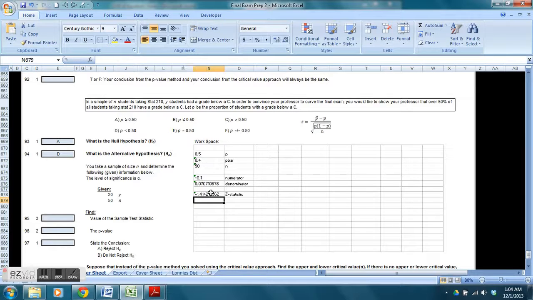We can round this to 2 decimal places, and so Z is 1.41, and our alternative hypothesis is D, that P is less than 50.